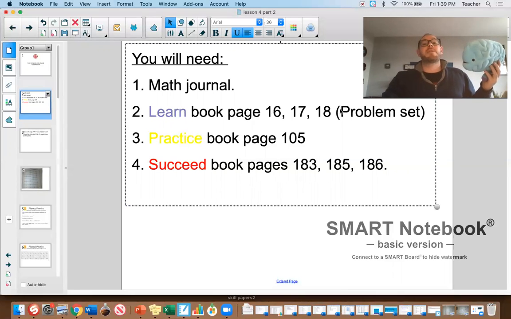We will be doing 17 and 18 as well, but we're starting on 16. And we need our practice book today open to page 105. We also need our Succeed book pages on page 183, 185, and 186 as our homework today.